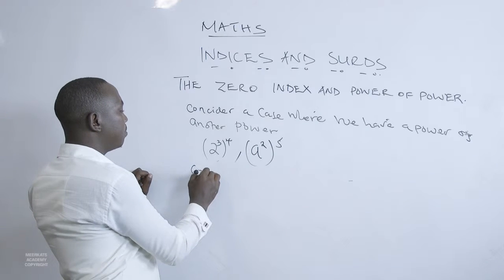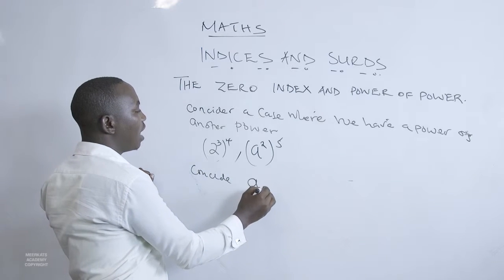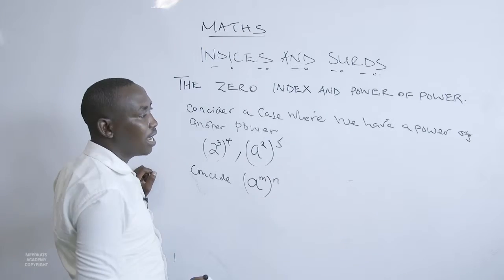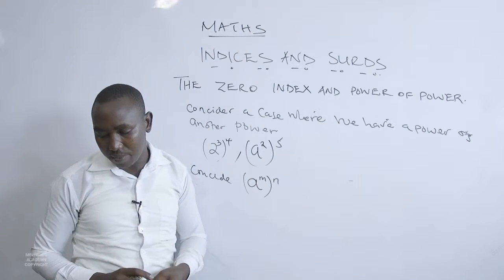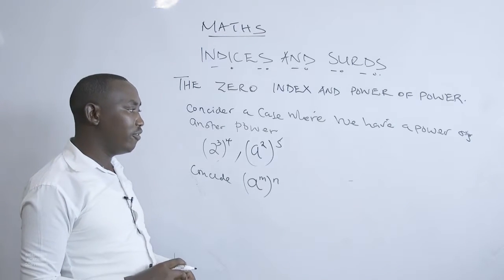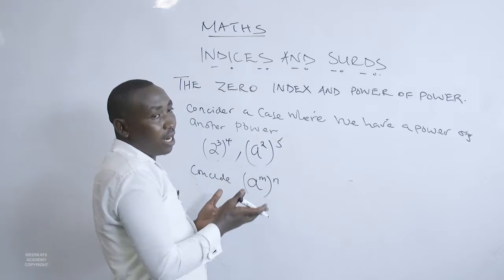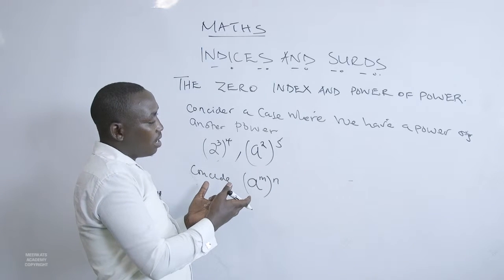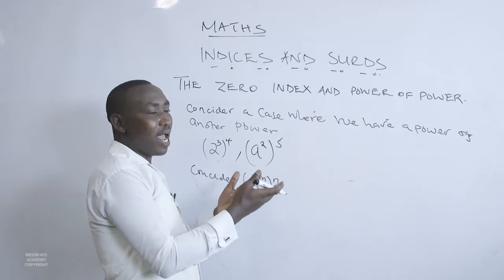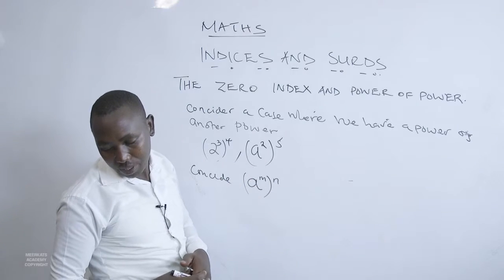So consider a case where we have a raised to m, then the whole of it again is raised to n. So if we write this in the expanded form, you first begin by m factors of a, again you multiply by the n factors of a.